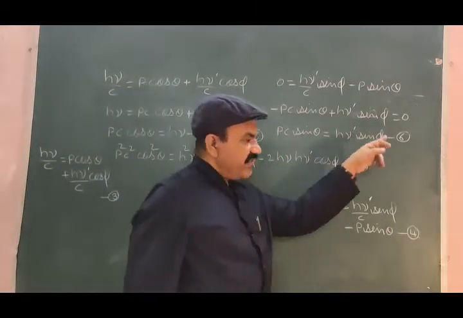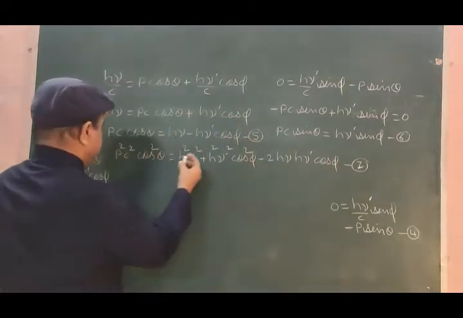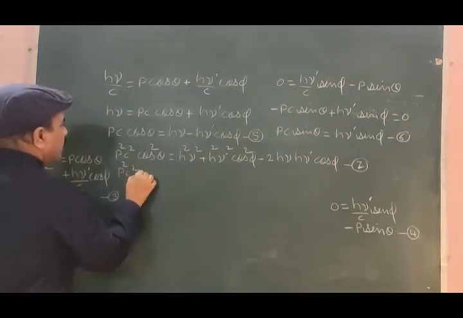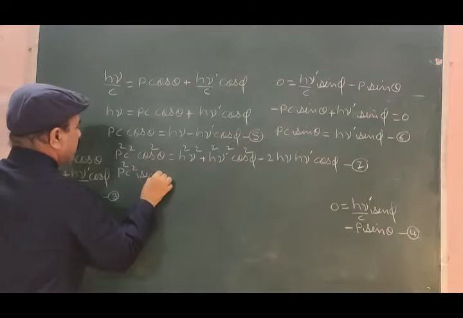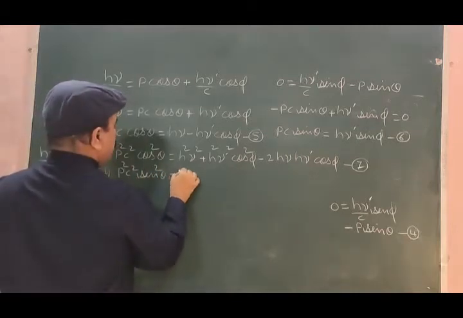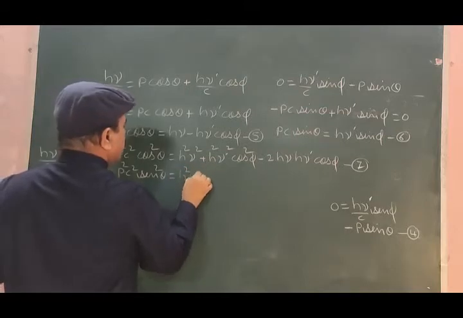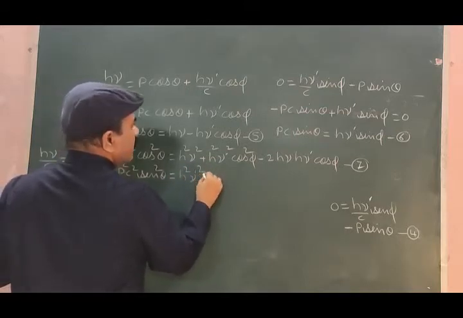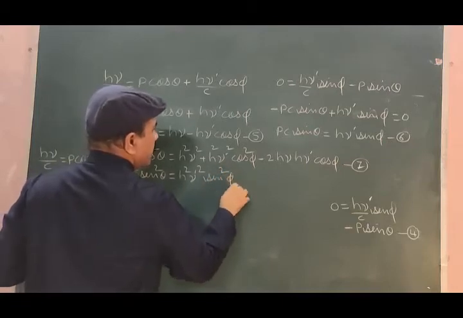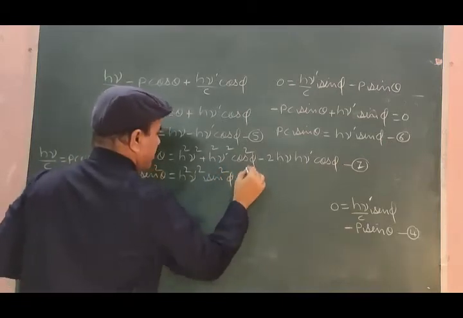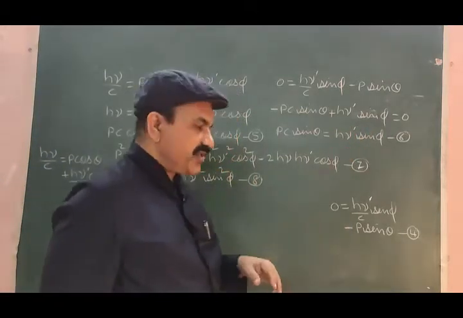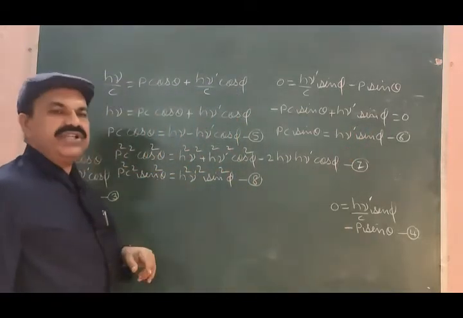Then square equation 6 on both sides, and we get equation 8.